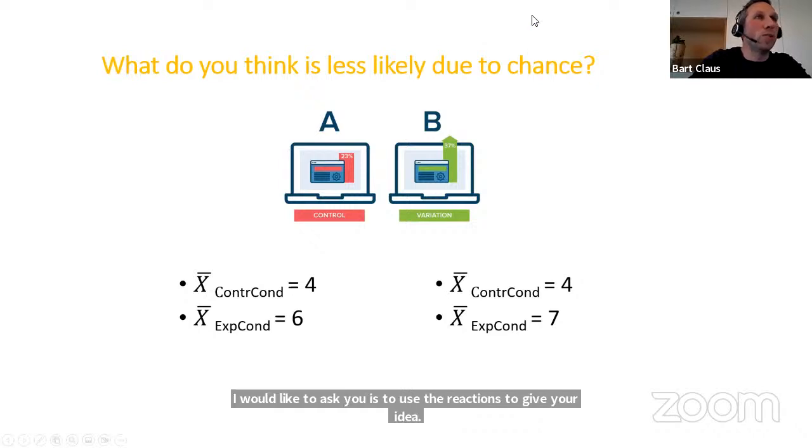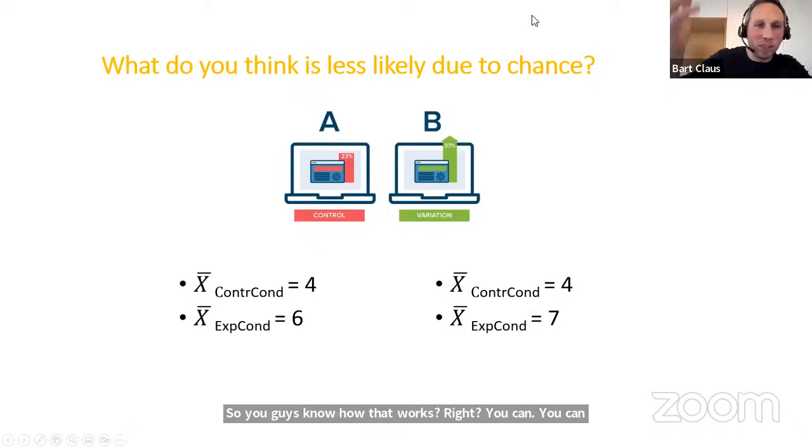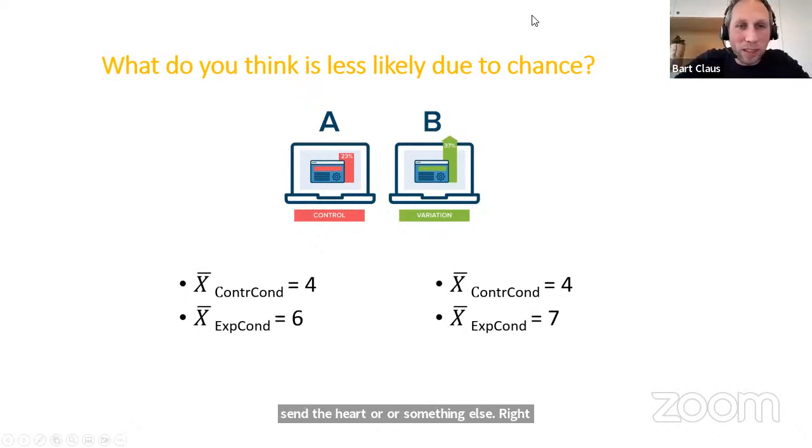So you guys know how that works, right? You can send a heart or something else, right? So everybody that thinks that the left result is less due to chance, send me a heart, please.